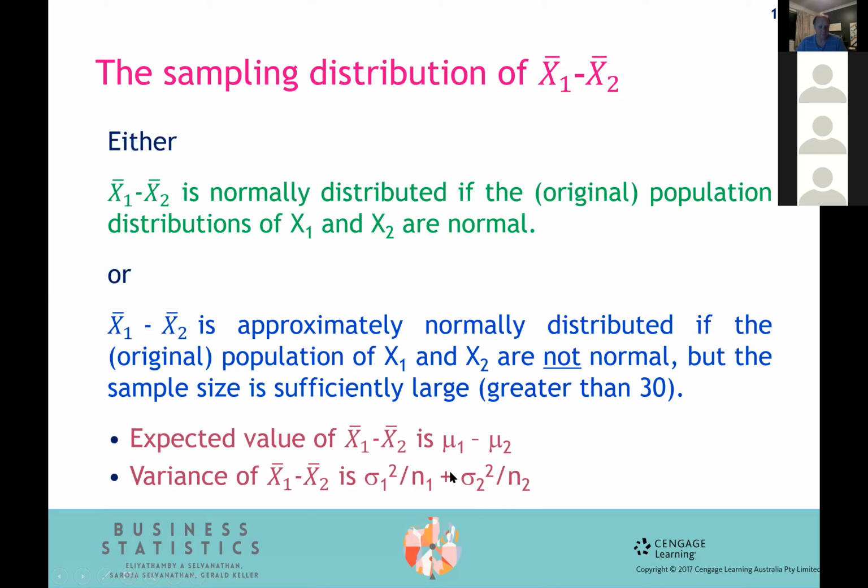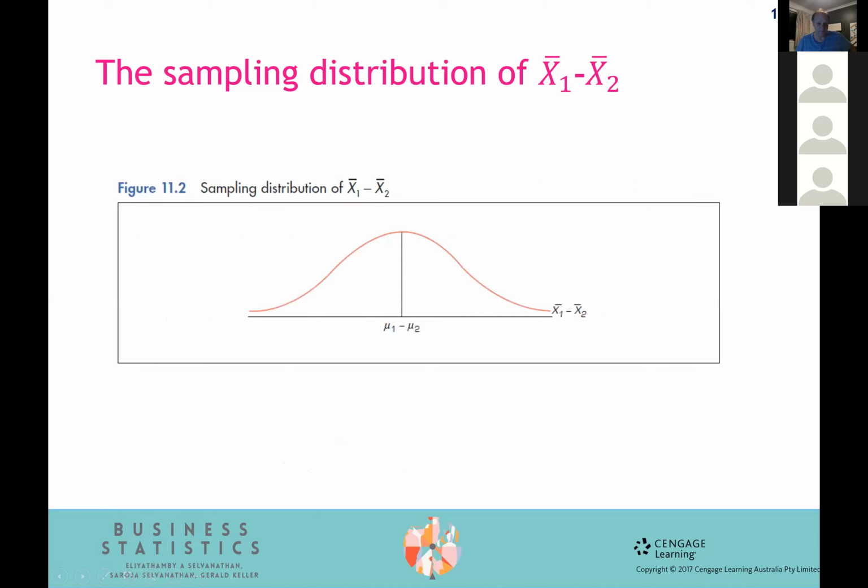The expected value of x bar 1 minus x bar 2 is that, and the variance is this calculation here: the variance of the one divided by the size of the sample, plus, and this is interesting, it's plus. So if the one population varies this much and the other this much, then you actually have to add the two variances together. Does that make sense? Yep.